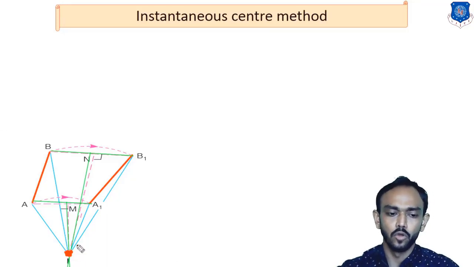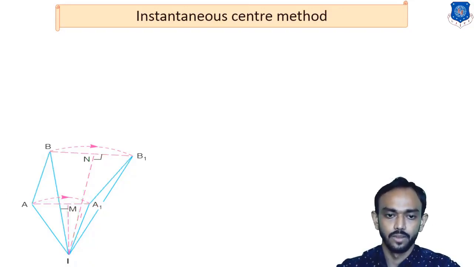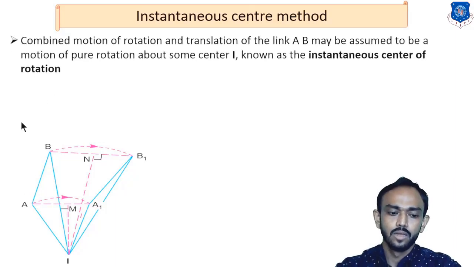If you know this I point, and with respect to it AB is purely rotating, then omega will be there, and from the distance from I to A or I to B, you can find the linear velocity also. That's how we will use this I center method. Okay, check the definition for that.